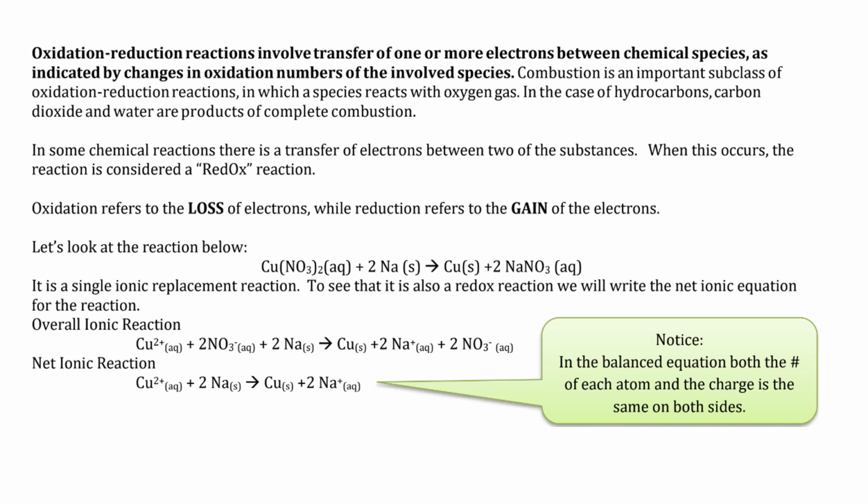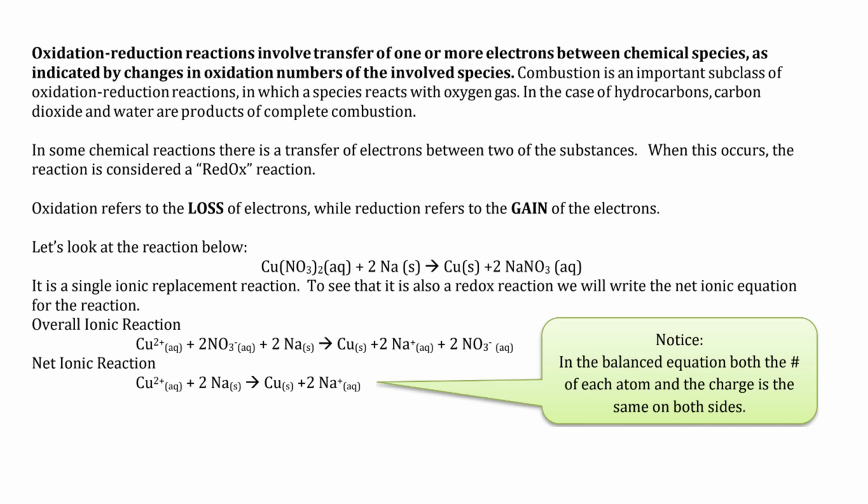We have a single ionic replacement reaction where we see that it's also a redox reaction. We will write the net ionic equation. Copper(II) nitrate plus sodium produces copper and sodium nitrate. For the overall ionic equation, you break it up into its ions.